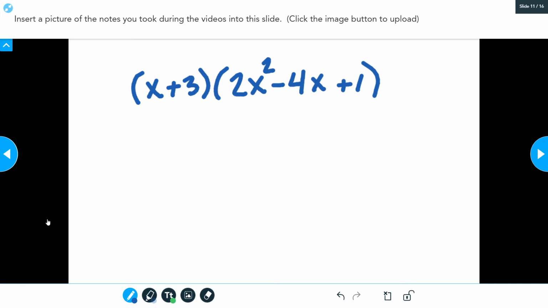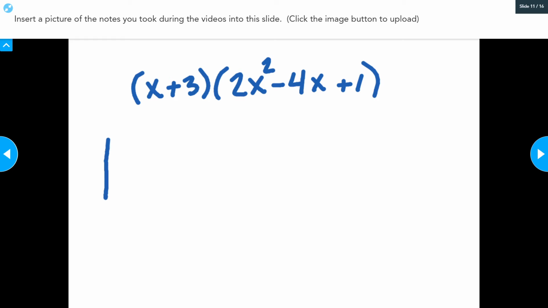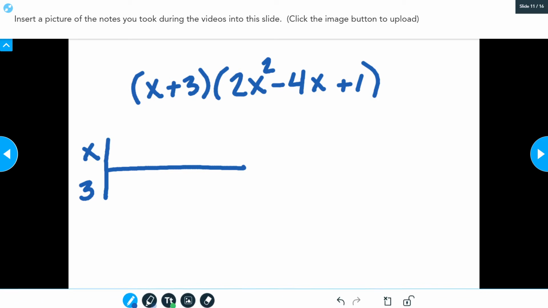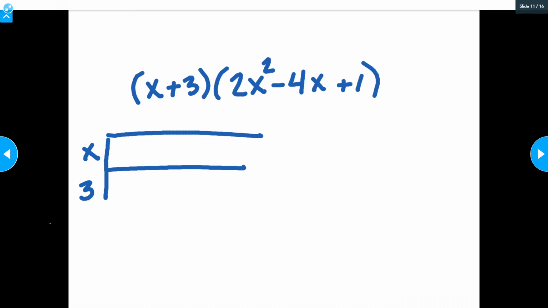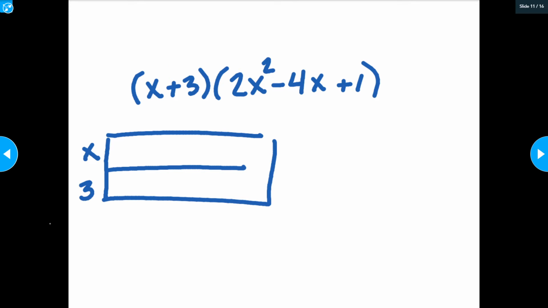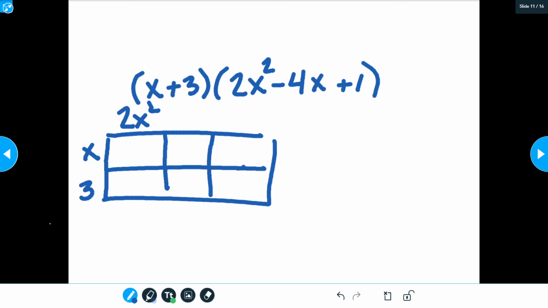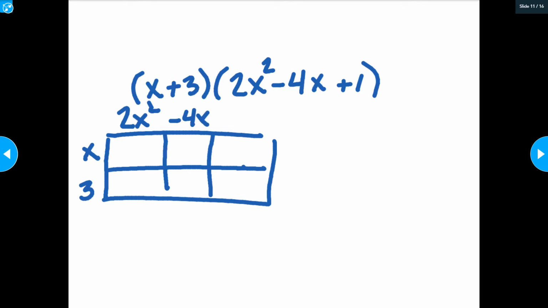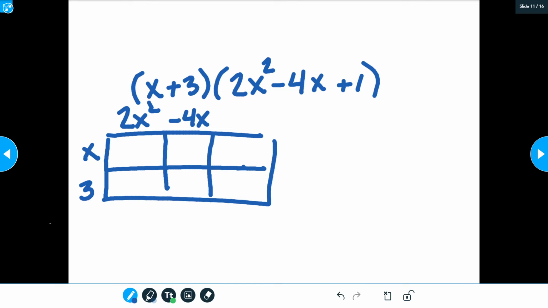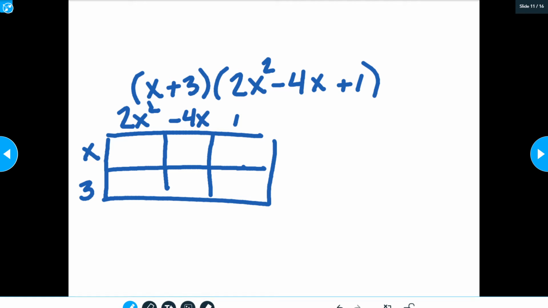If I wanted to do this problem using boxes, I have a binomial, so I need 2, my x and my 3. And then across the top, I need to have 3 sets of boxes so that I have my 2x squared, my -4x, and my plus 1.